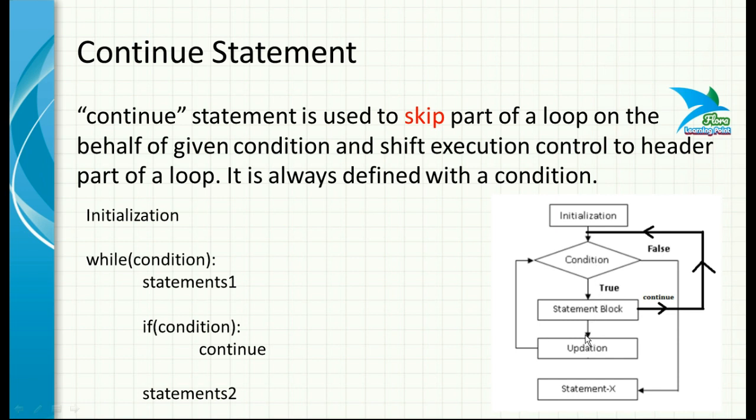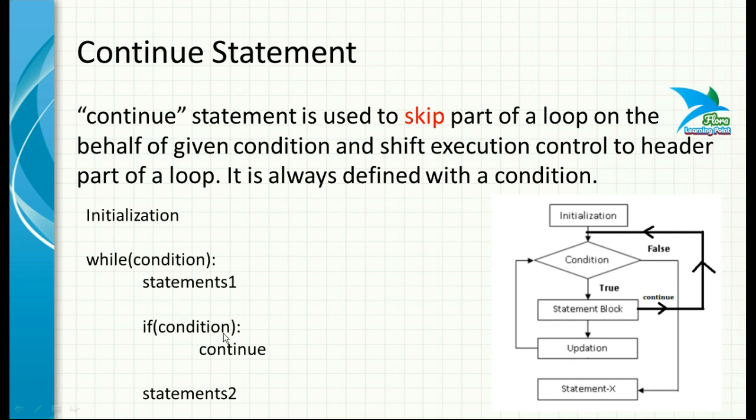For example, here we have the syntax: initialization, condition, then statement 1. If the condition is true, statement 1 will execute, then this condition will be checked. If this condition is false, then the continue statement will not execute, and the control moves to statement 2. After the execution of statement 2, control moves back to the condition, then statement 1 will execute.